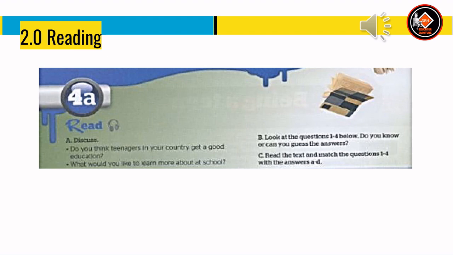Module 4. Being a Teen. 4A. Read. C. Read the text and match the questions 1 to 4 with the answers A to D.